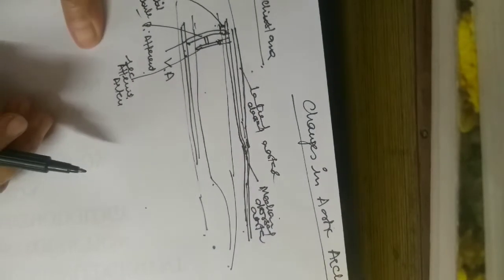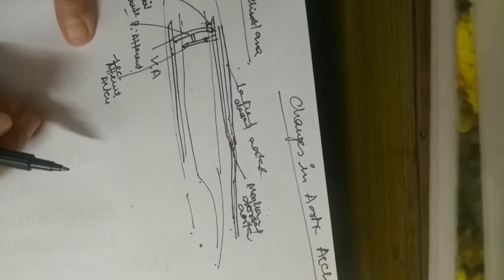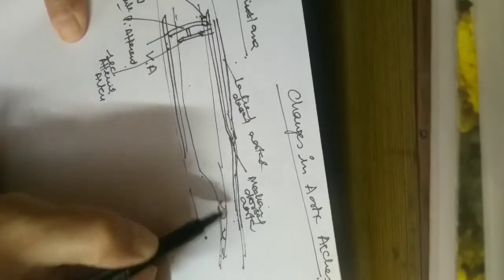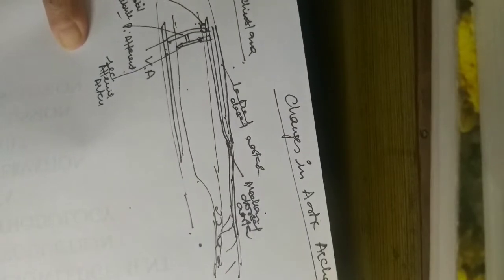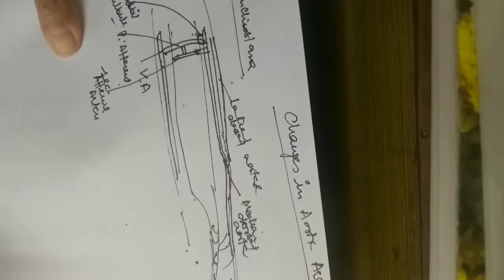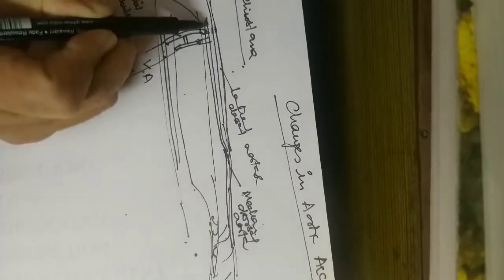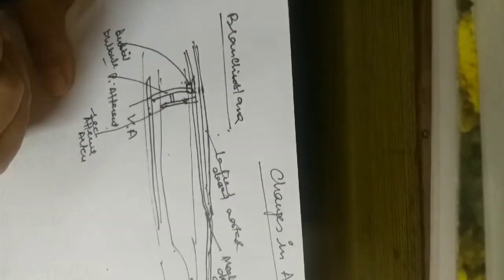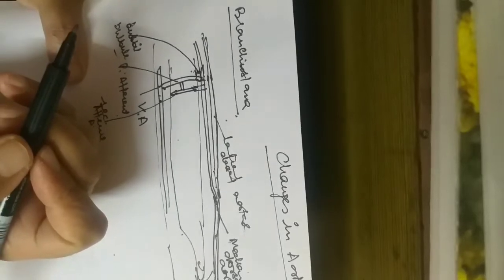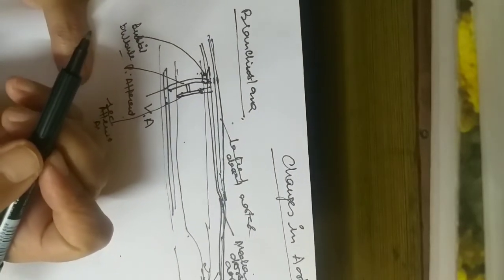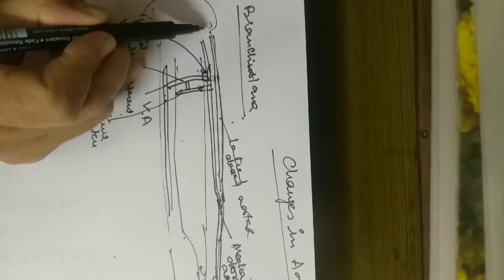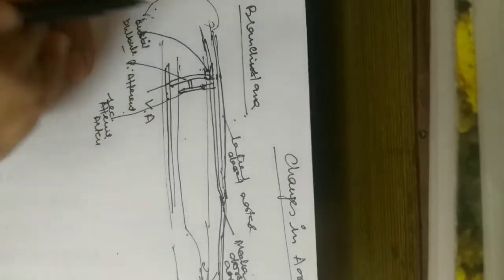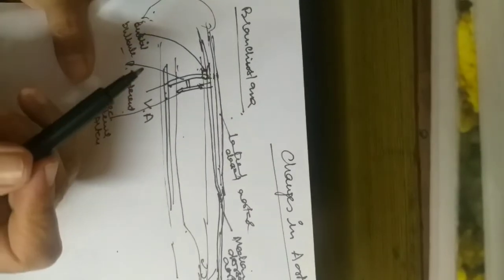The median dorsal aorta extends backwards and supplies different visceral organs at the posterior end. Whereas the lateral dorsal aortae extend in the anterior portion, in the head and snout region, and supply blood to the snout as well as the oral hood.